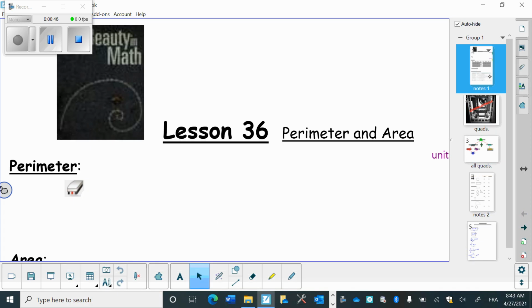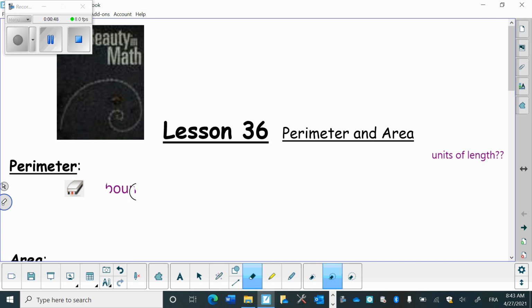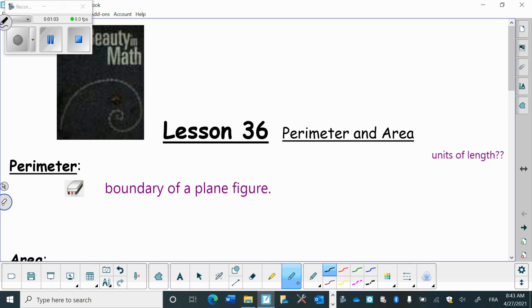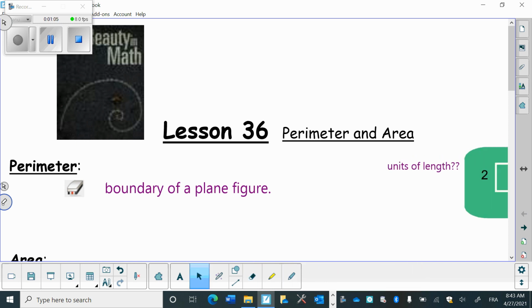Okay, if I'm thinking just pure and simple, perimeter, what are we doing for perimeter? Nice and simple, straightforward. It is the boundary of a plane figure, so it is simply units of length.